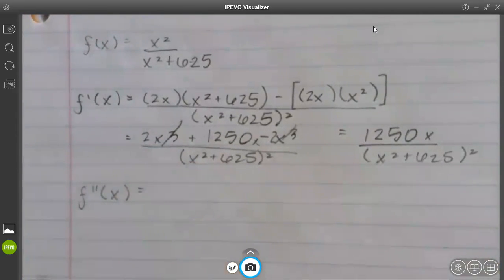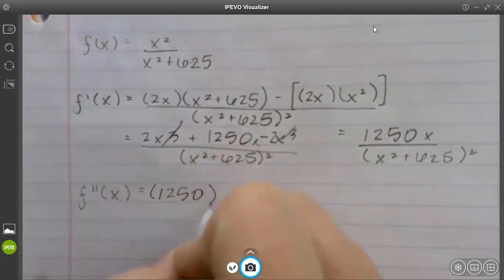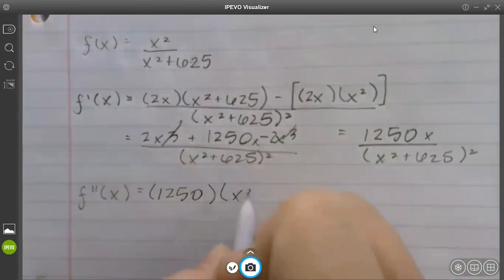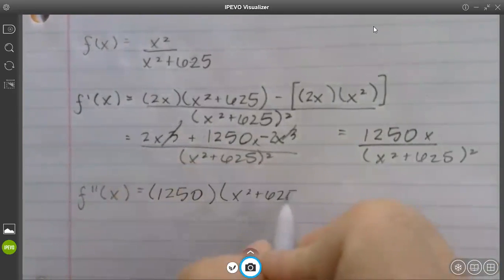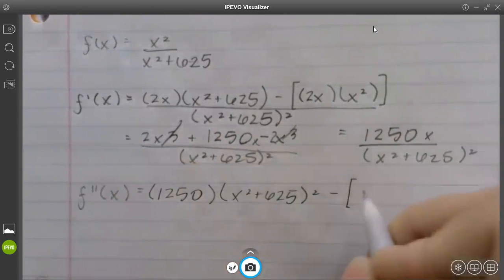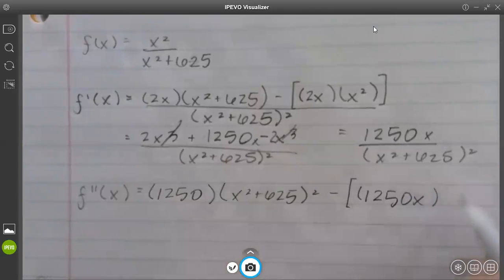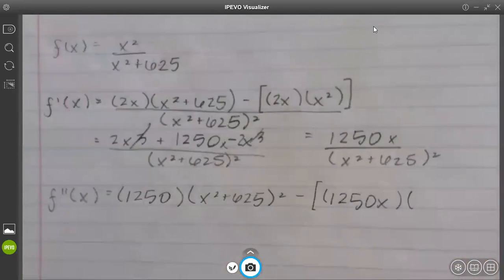Do your double prime. What is your derivative of the top? Times the bottom. Minus the top times the derivative of the bottom.